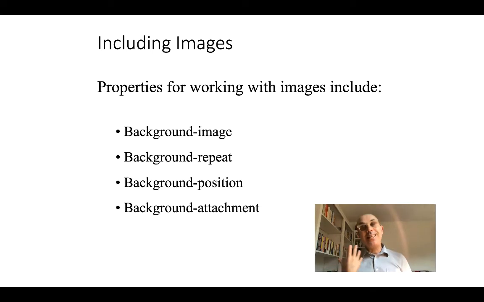But one of the things that I did not talk about in the previous sections is the ability to embed text and images into the style sheet. So this will give you some consistency with the images that you're working with. The properties for working with images include the background image, the background repeat, the position, and attachment.